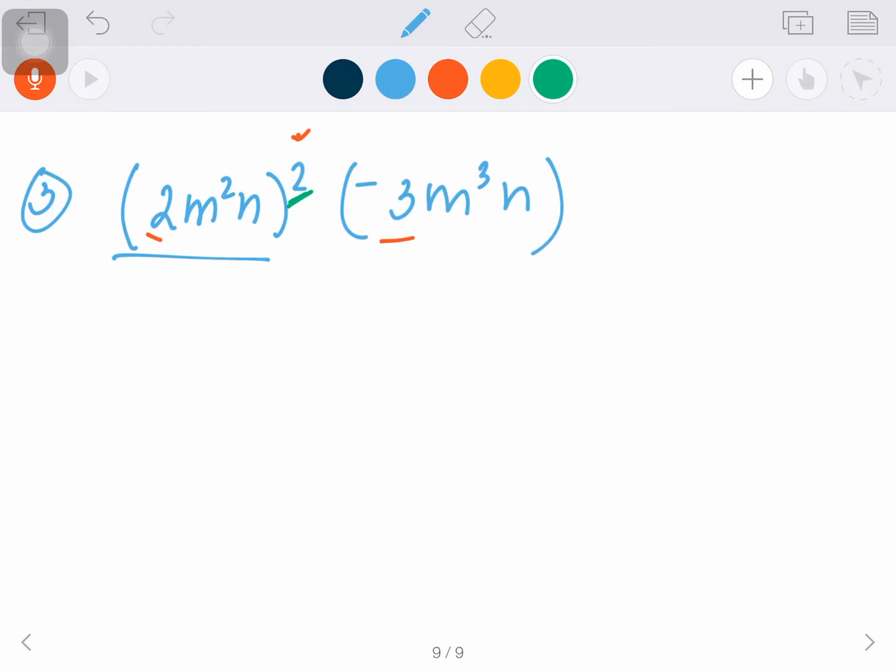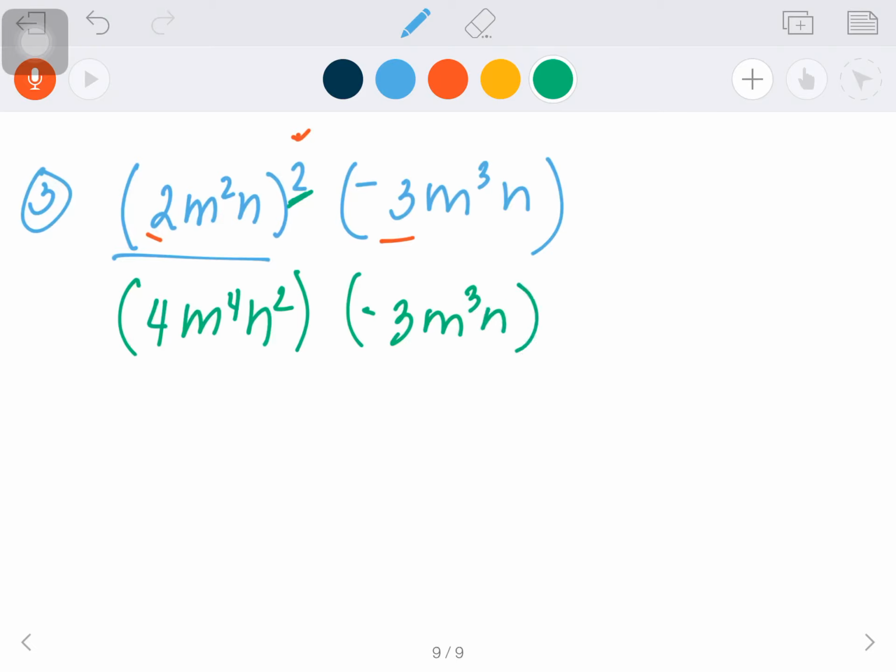So, if we're going to raise 2m squared n to 2, this will become 4m to the fourth n squared. Remember that the rule says that we have to distribute that to all the factors inside, and copy the second factor and proceed to the multiplication process.